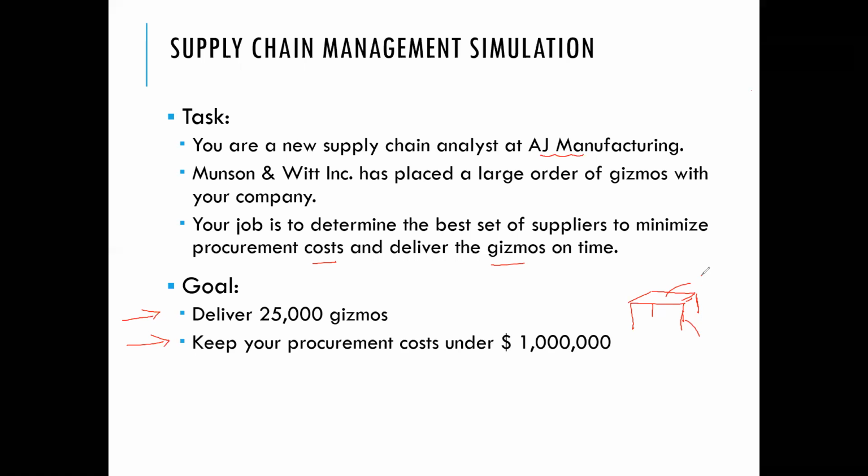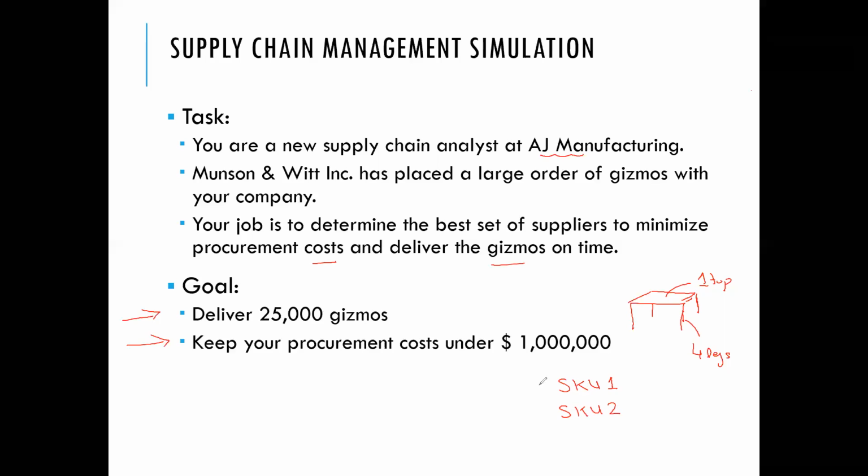So each complete gizmo consists of one top and 4 legs. You can think of it as a dining table, which has a tabletop and 4 legs. In this simulation, the top part is called SKU1, and the bottom part is called SKU2.